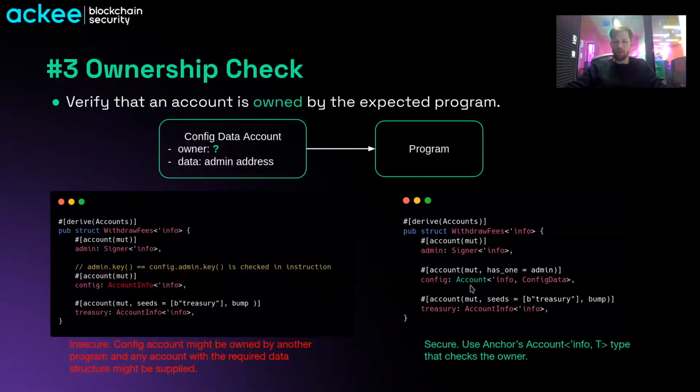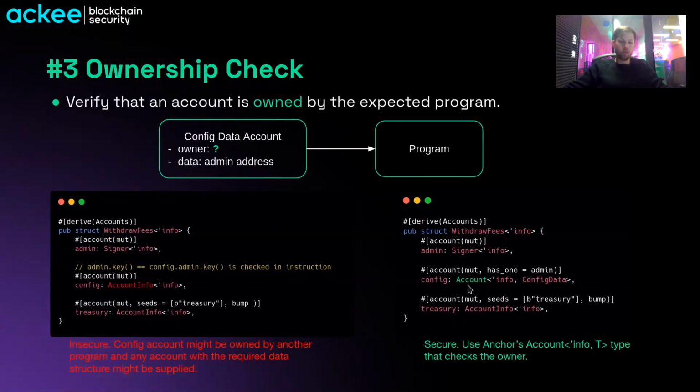You don't have to do anything else here. In some cases you might want the owner to be some different program, for example, so in that case you can use the owner constraint.